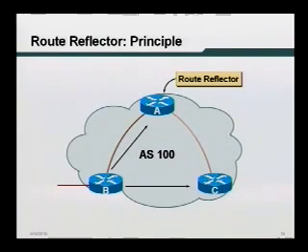If you make router A a route reflector, then router A will take the prefix it's learned from B and pass it on to C. And because you've done that, you no longer need router B to send any announcements to router C. So you get away from that requirement of having to set up the full mesh system. Okay, that's the basic principle behind the route reflector. You take prefixes you learn from one iBGP speaker and pass them on to another iBGP speaker.